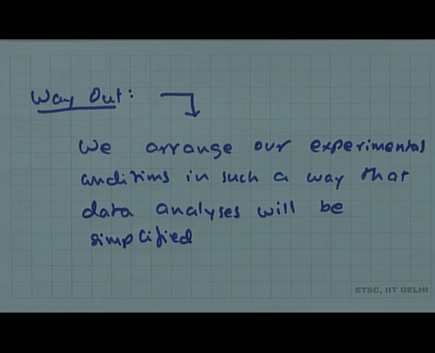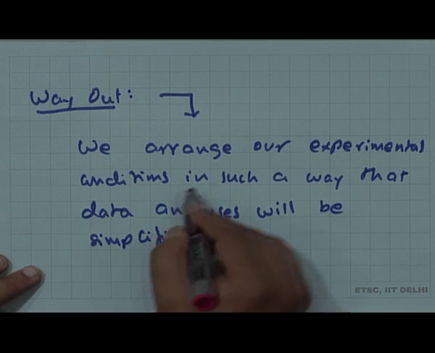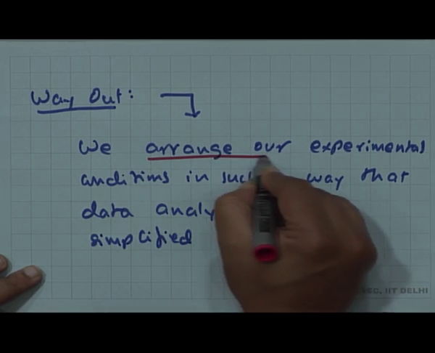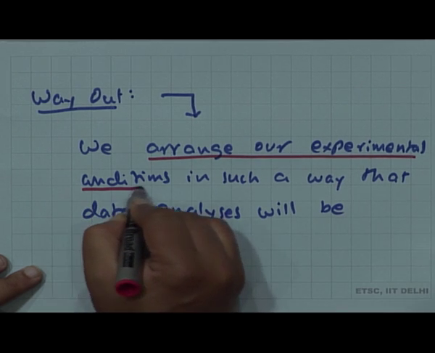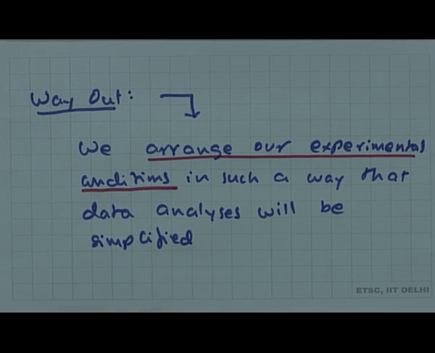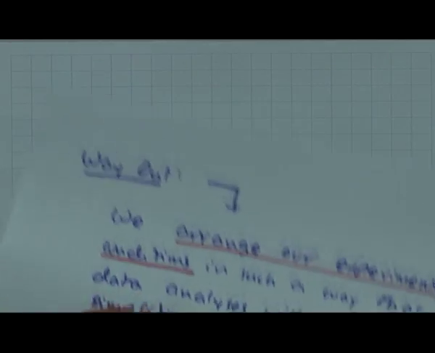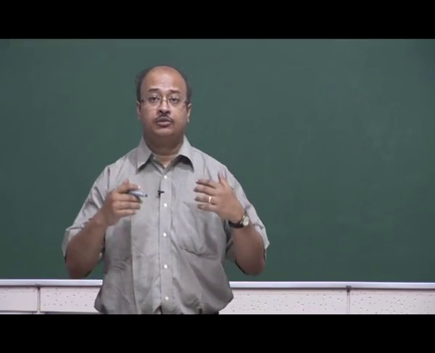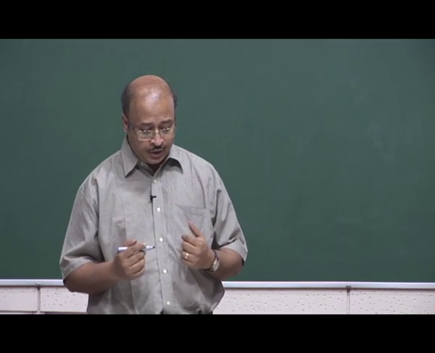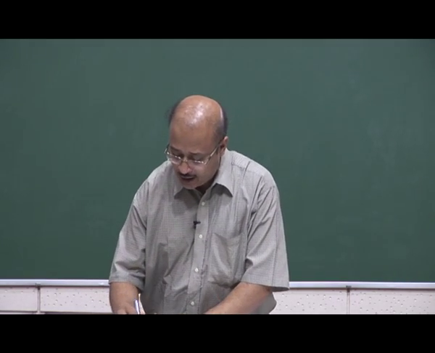Okay. So, we devise or design an experiment in such a way that we can simplify the data analysis. This is the key point: we arrange experimental conditions so that the data analysis is not that cumbersome, not that complicated. There are two ways of doing this. The two ways are as follows.